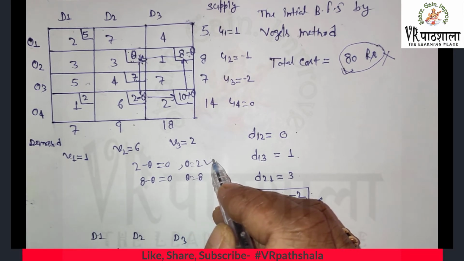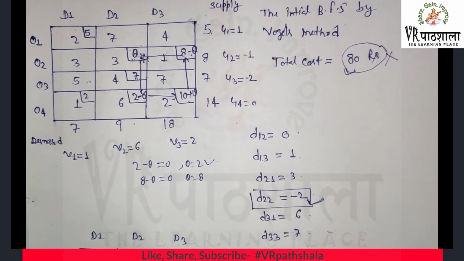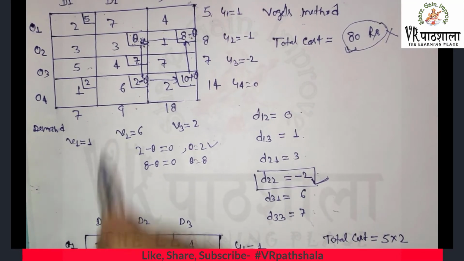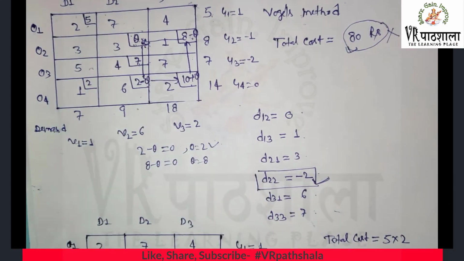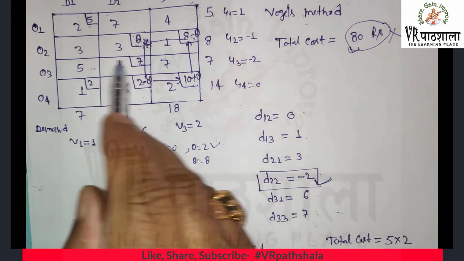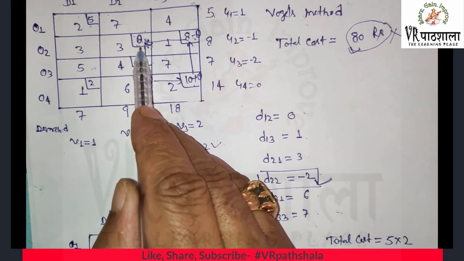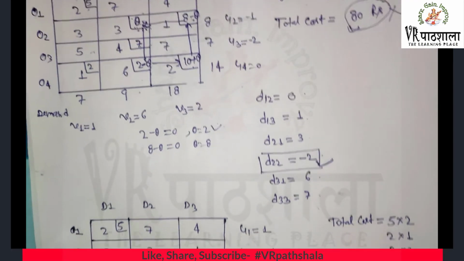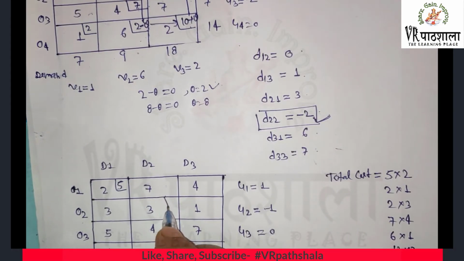So now we improve the allocation. Here this allocation is unchanged, so this is 5. Now in the second row, theta is 2, so this is a new allocation. Here in this cell, the value of theta is 2.